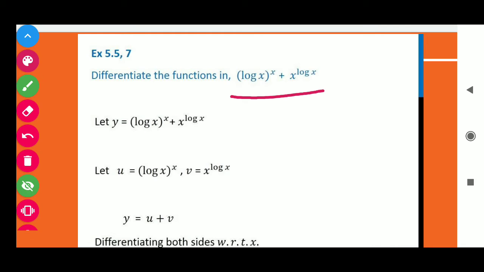So students, you can see here is a positive sign, so we can't take log on both sides, because there is a property of log a into b, but there is no property of log a plus or minus b. So in this way, first we let u be log x raised to power x and v be x raised to power log x. So we get y is equal to u plus v.